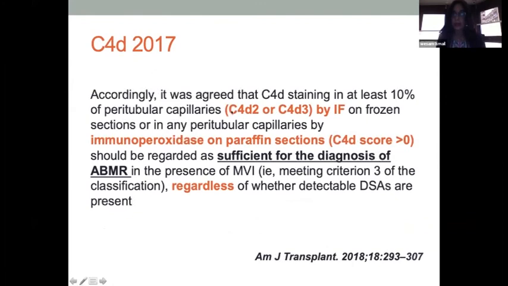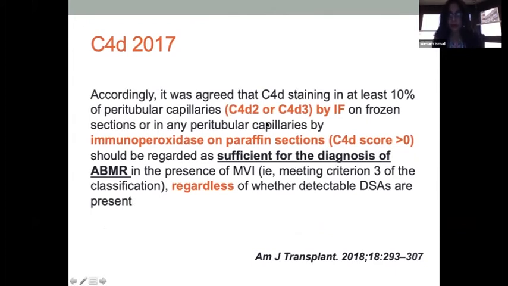Since 2017, the Banff classification agrees that the presence of C4d is sufficient for the diagnosis of antibody-mediated rejection, regardless of whether we can detect DSA or not, because sometimes we cannot detect the DSA in the patient's serum, and then you are at a loss.